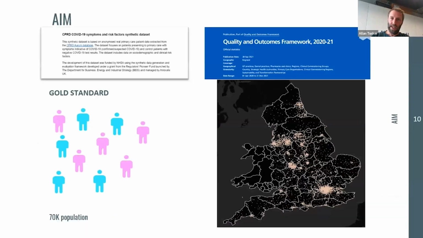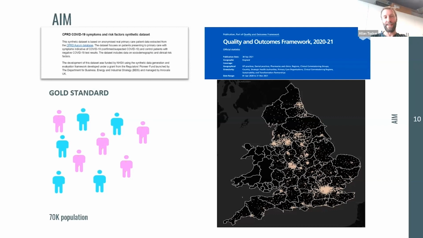So what we've been doing is combining our synthetic data that's been generated from CPRD with aggregated data like the Quality and Outcomes Framework, which is held at the GP level. So for every GP, we have a profile of information like the percentage of people who have suffered a stroke, the percentage of people who are over 85, registered at each individual GP.